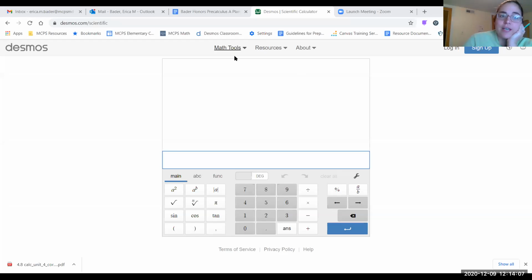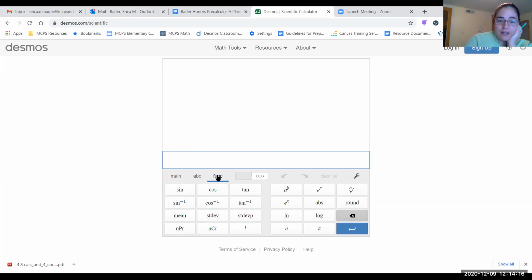I just Googled scientific calculator, and this is what I came up with. All right, so here's just a calculator from Google, okay? So I'm going to, I don't know what happened to the log function. I swear it was there. Oh, okay, here we go.